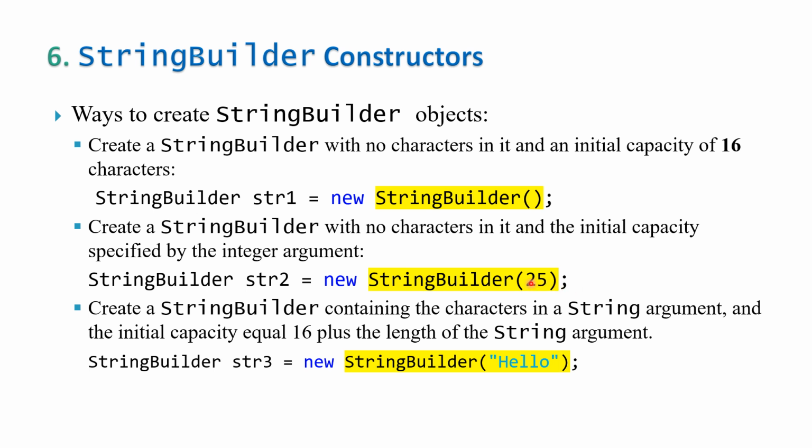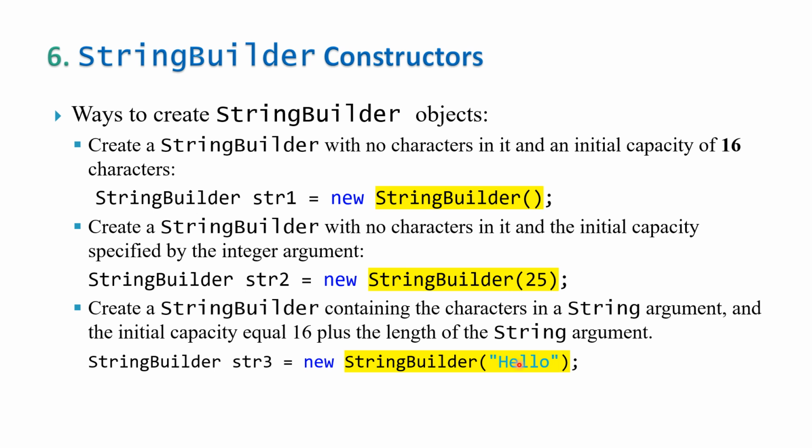integer argument. The third way is to invoke the StringBuilder constructor with a string argument, such as the string literal "hello". This invocation will create a StringBuilder object containing the characters in the string argument and the initial capacity equal to 16 plus the length of the string argument.